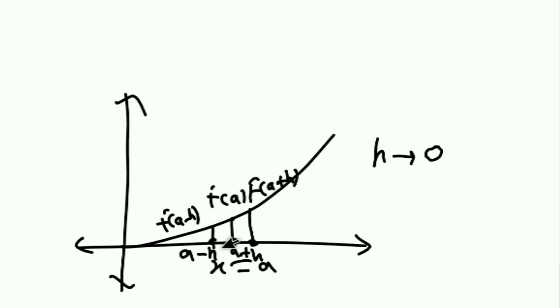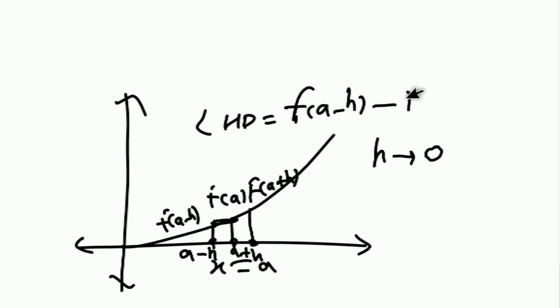So left hand derivative means we are coming towards this left hand side. So this is left hand side where you have a minus h. So we have to find slope of the line, that is we have these 2 points. So this is your left hand derivative. So this will come as you have y2 here function of a minus h, and y1 you have function of a, and x2 coordinate is a minus h and x1 coordinate is a.